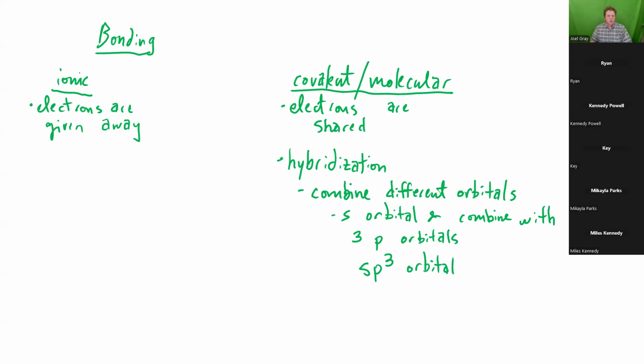Okay. There's also, you could do an s orbital plus 3 p's plus 2 d's, and you make an sp3d2 orbital.